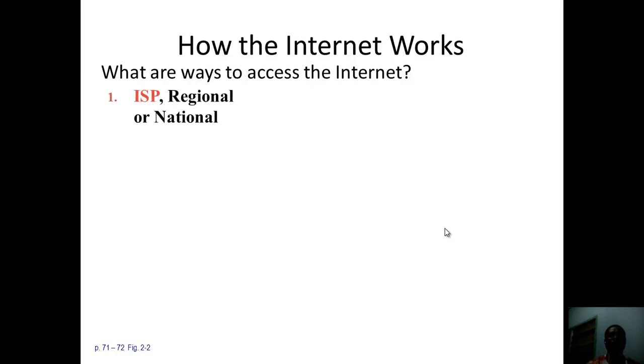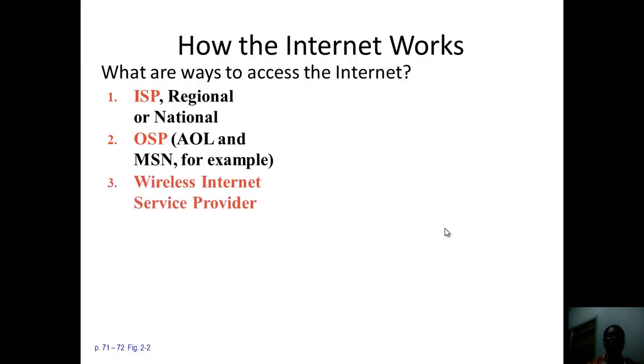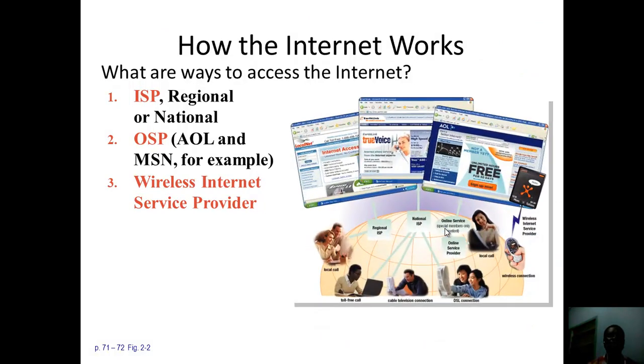What are ways to access the internet? We have what we call ISPs, that is Internet Service Providers. These Internet Service Providers are regional, they can be national, and so on. They also depend on other Internet Service Providers to provide services to us. In Ghana, for instance, we have MTN and Vodafone, which are all Internet Service Providers.